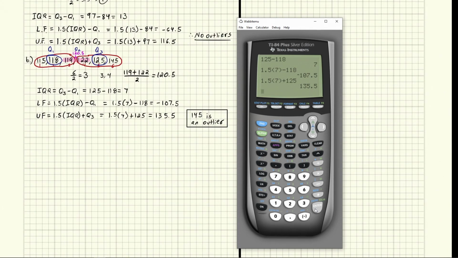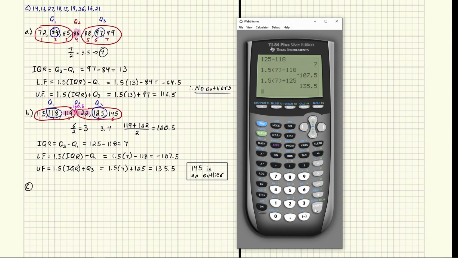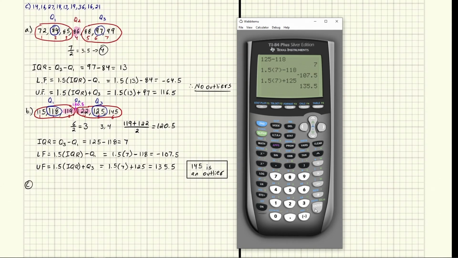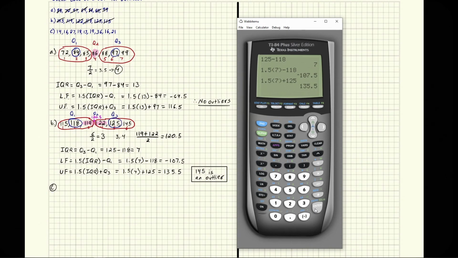All right, now let's do C. So for part C, we've got the numbers. I'm going to zoom out a bit. So we're going to change to 13.